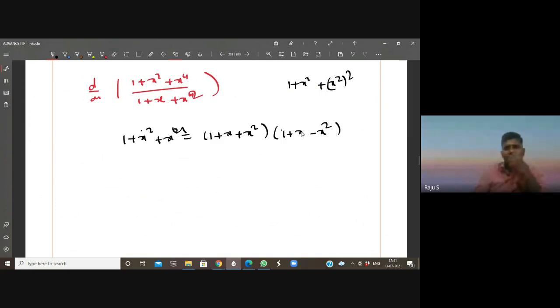We should write a plus b the whole square. When I do here, this is a, this is b, we will get (1 plus x square) whole square minus x power 4.